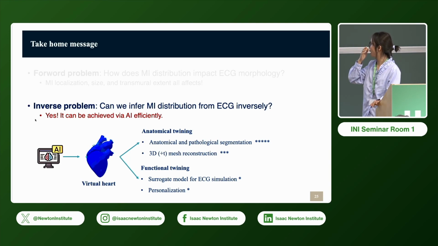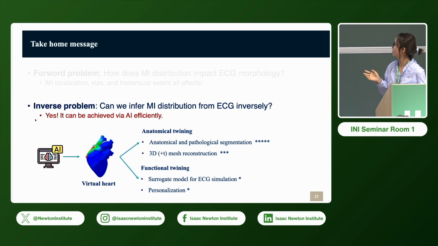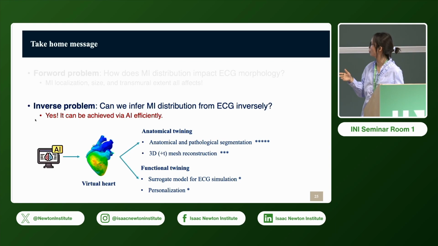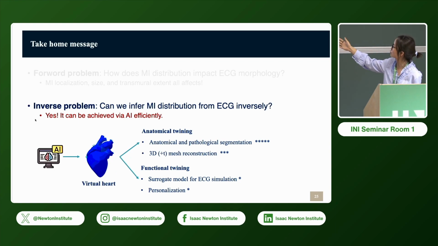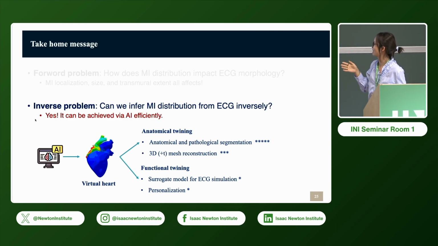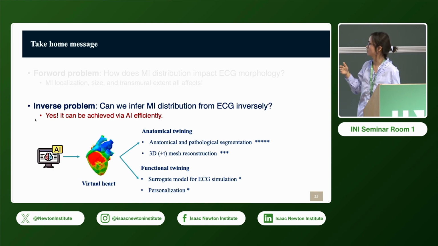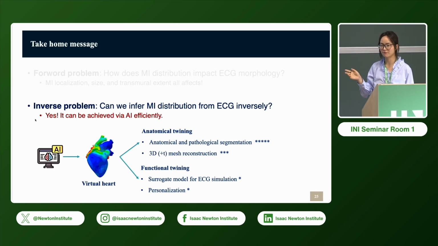But for 3D, especially 3D plus time, mesh reconstruction, I think we are still developing powerful and stable AI models to achieve this. As for the functional twin, the former two speakers have mentioned a lot, like we can develop surrogate models, for instance PINNs, to achieve more efficient ECG simulation and also for personalization.